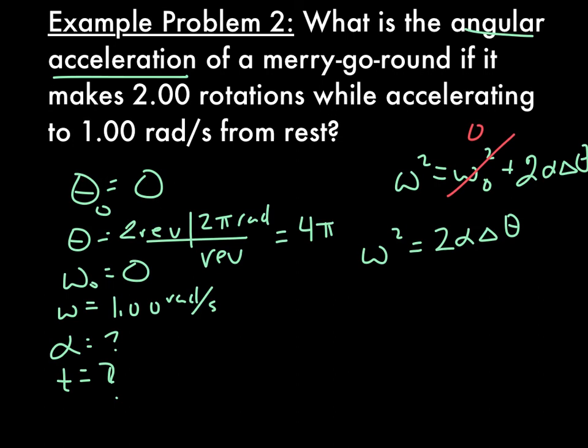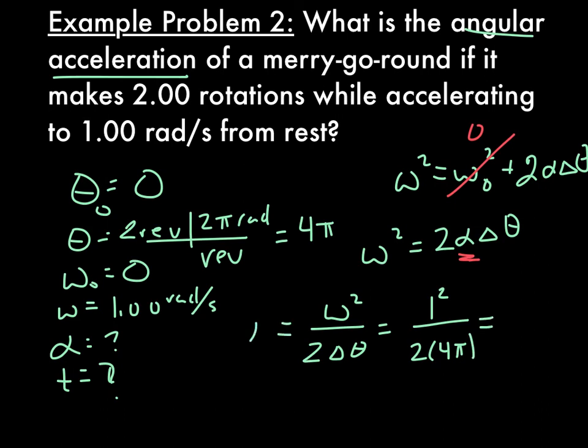We are solving for alpha, so if we solve for alpha, we get omega squared over 2 delta theta equals 1 squared over 2 times 4 pi equals alpha, which is equal to 0.0398. I'm just going to round this. Alpha equals 0.04 radians per second squared. And that's it.